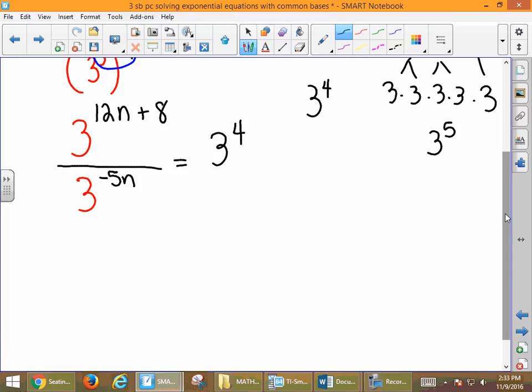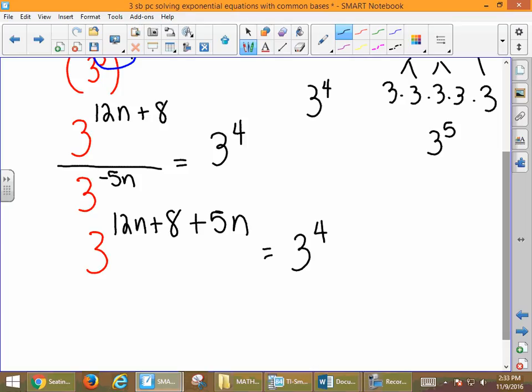So we can combine on the left side of the equation, and this would become the 12n plus the 8, and then it's going to be plus 5n. We flipped that value, and we changed the sign on the exponent. There's the plus 5n, and then that equals 3 to the 4th.